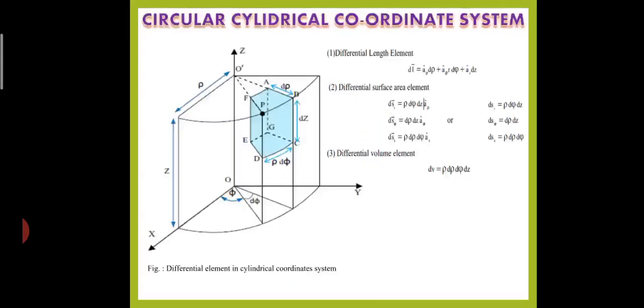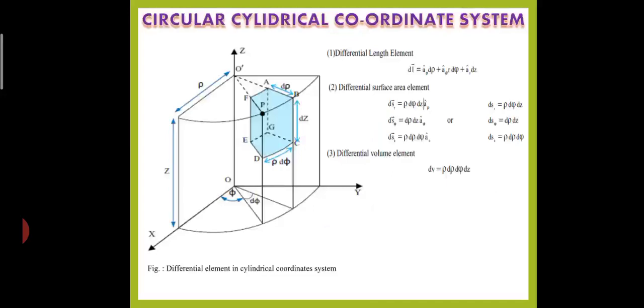In the cylindrical coordinate system, also consider a point P in brackets r, phi and z. In a cylindrical coordinate system, each coordinate is increased by a differential amount. The differential increments in r, phi and z are dr, d phi and dz respectively.